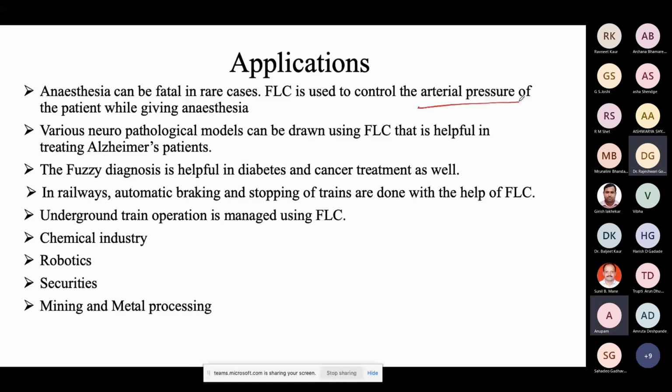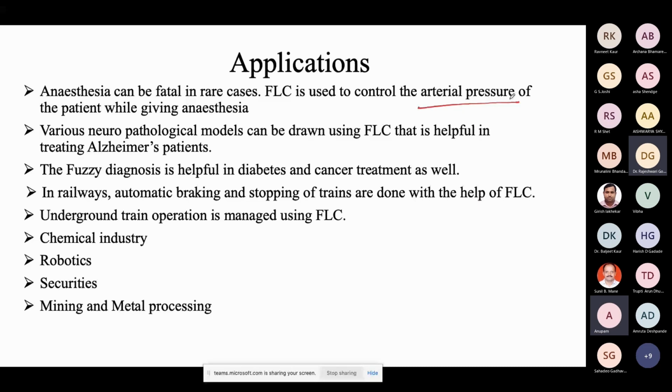Suppose we are injecting some anesthesia to the patient. What quantity can you inject into the patient? That may be controlled by a physiological controller. This is known as arterial pressure control.